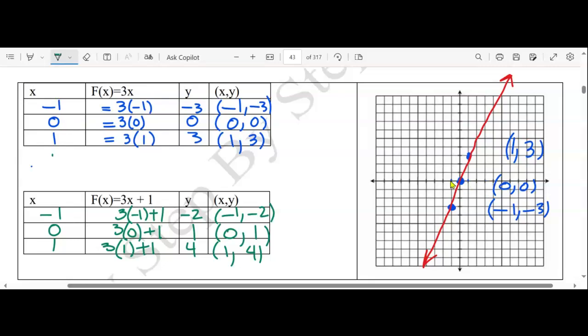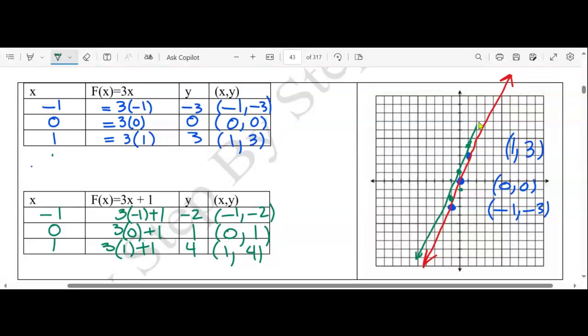-1, -2. This one here, right? 0 and 1. Here, right? And then 1 and 4. Where is 1 and 4? 1 here. And where is 4? Here, right? 1, 2, 3, 4. Here. So it looks like the lines are parallel, right?